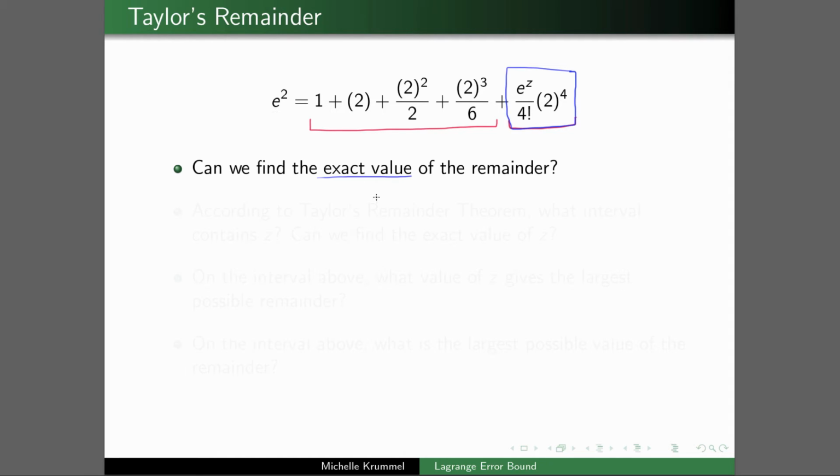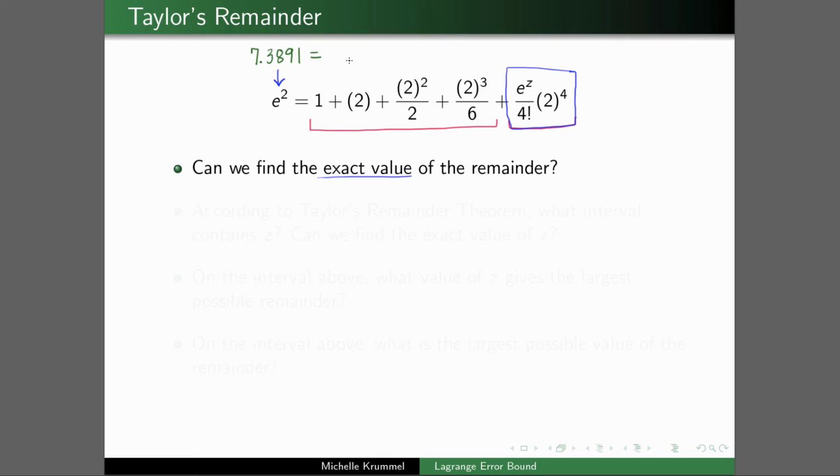But if we're willing to accept a decimal approximation to a certain degree of accuracy, then we might want to say, yes, we can find the exact value if we cheat a little bit and use our calculator to compute a decimal approximation for e squared. If we use our calculator, the decimal approximation for e squared is 7.3891.